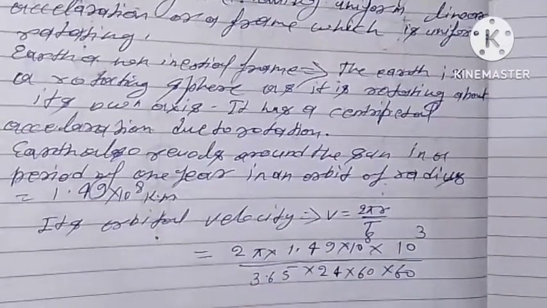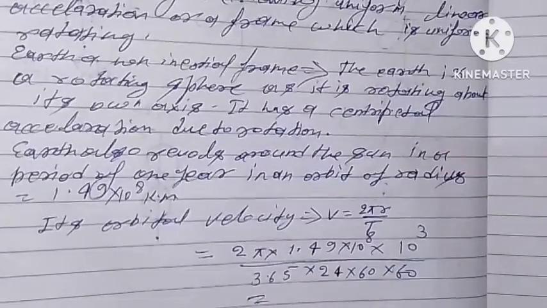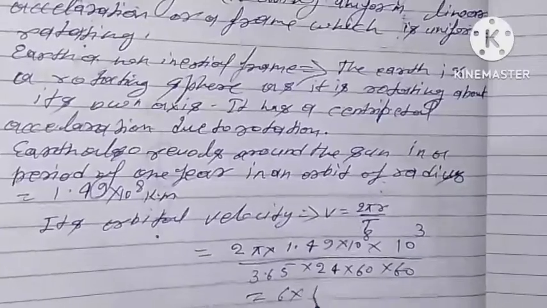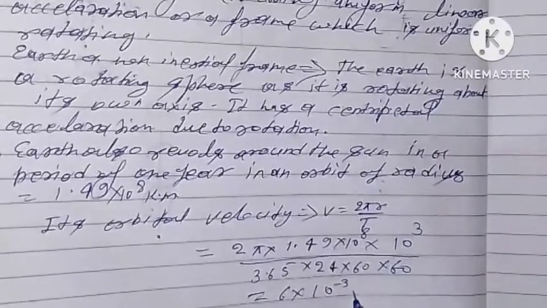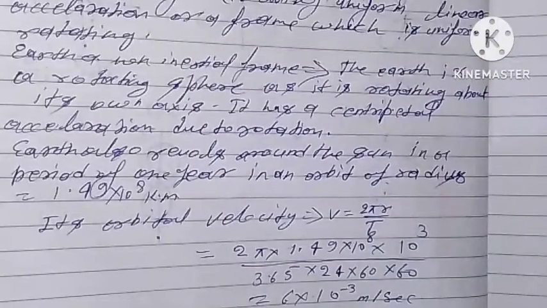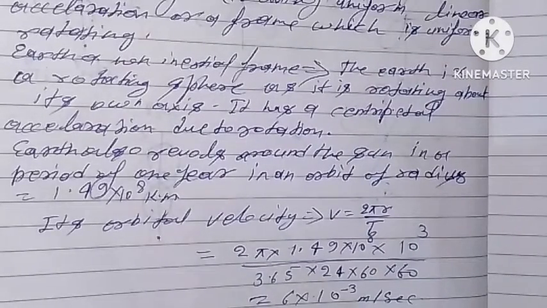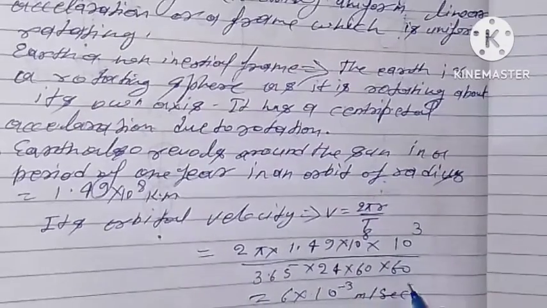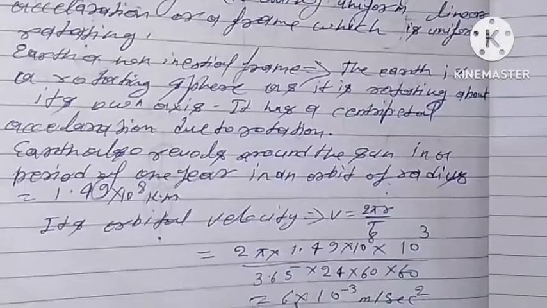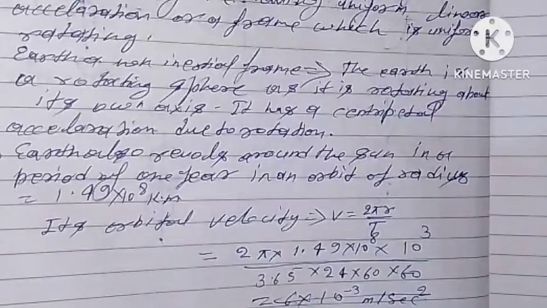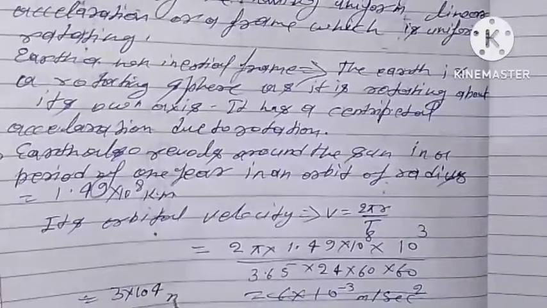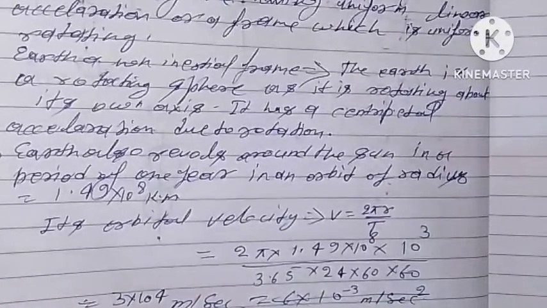Then the value is 3 into 10 to the power 4 meter per second.